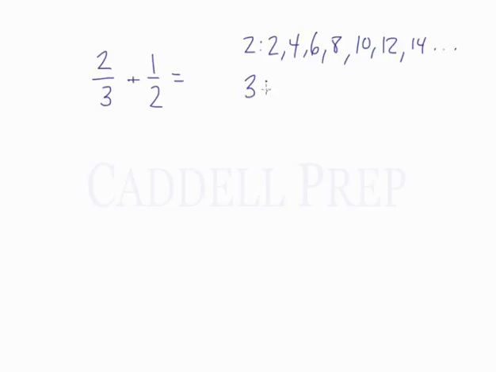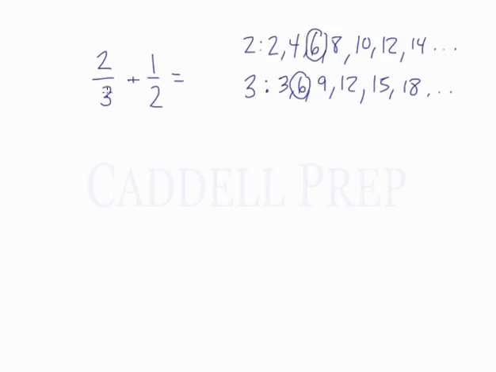Okay, that should definitely be enough. The multiples of 3. And let's see what they have in common. They both have 6, and they both have 12. So we could use either one of those, but let's use the least common multiple.